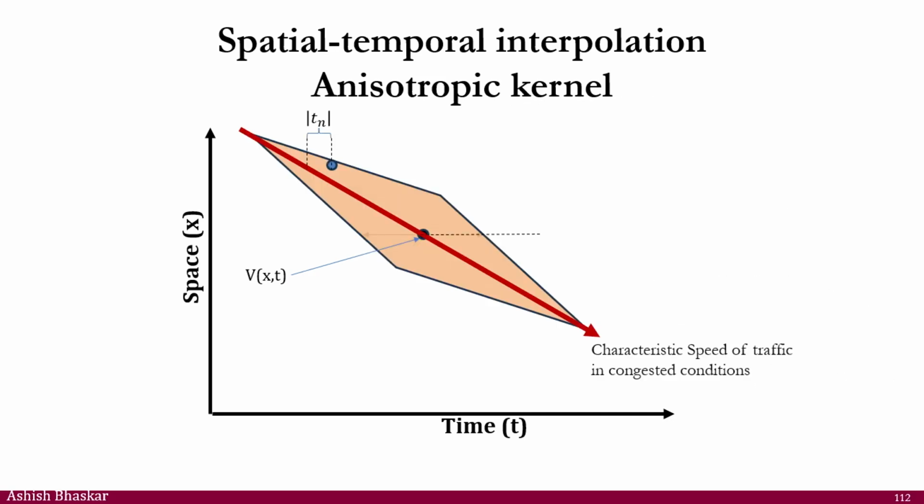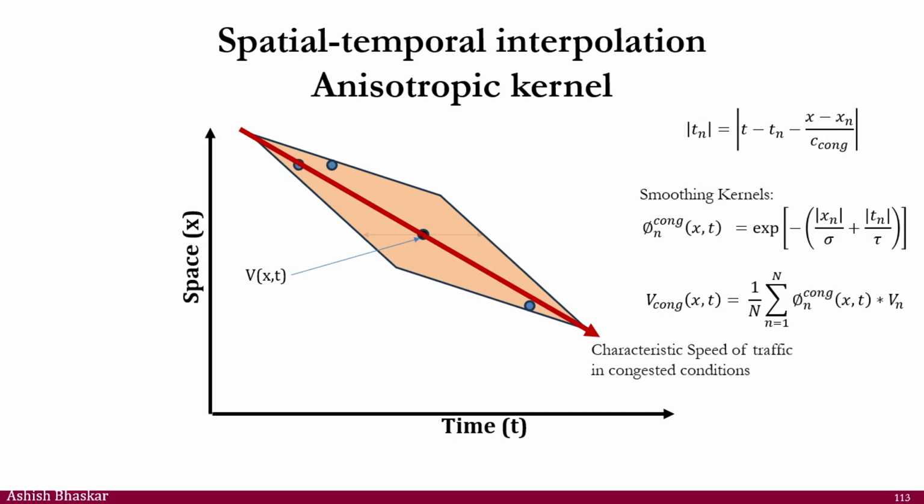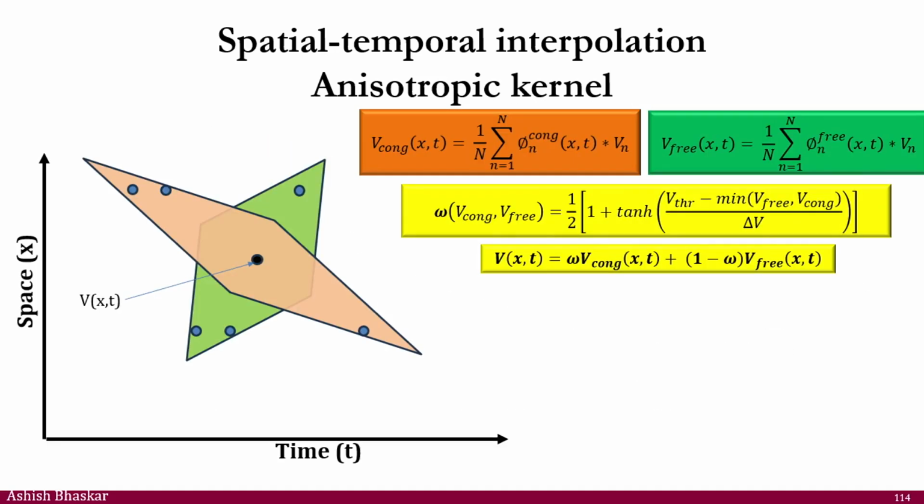You can do the same for the congested condition, and once you have it for your congested and free flow conditions, you can combine them together by applying some weights and get some value. I'm quickly going through this because I don't want to teach how the adaptive smoothing method works, but I want to tell you that there are algorithms that can help you generate the speed contour plot.